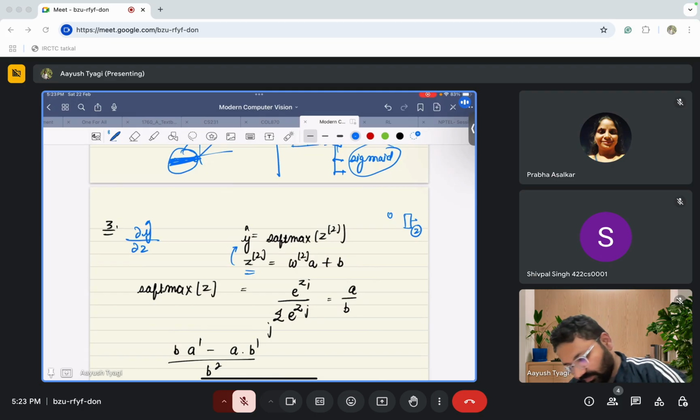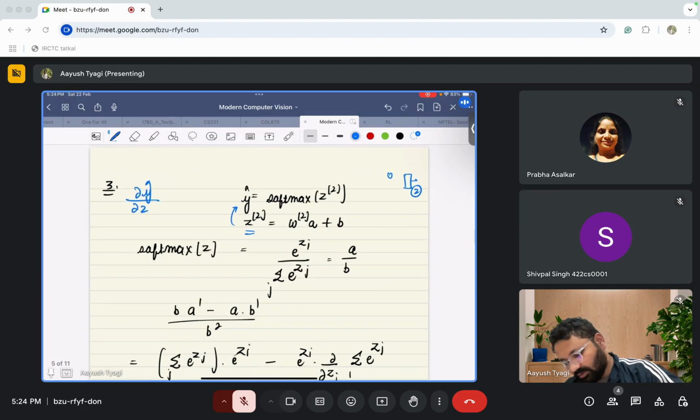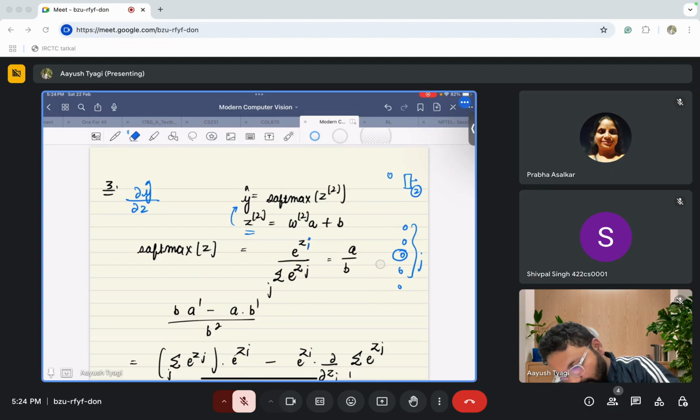In this problem, you first define what the softmax is. The softmax for the ith neuron, where there are j such neurons, is e to the power zi divided by the sum over j of e to the power zj. So it is basically in the form of a by b.